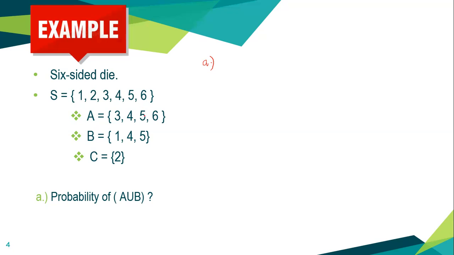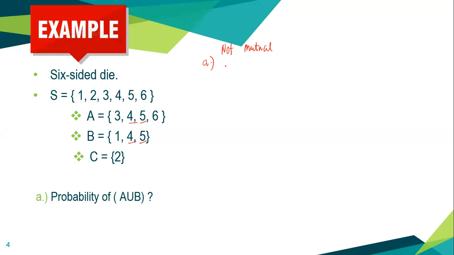Kay A, 3, 4, 5, and 6. Kay B, 1, 4, and 5. Meron bang pareho? Meron, tama? Si 4 and si 5. Pareho silang meron kay A and B. Therefore, si A and B are not mutually exclusive. Tama ba? So, not mutual.